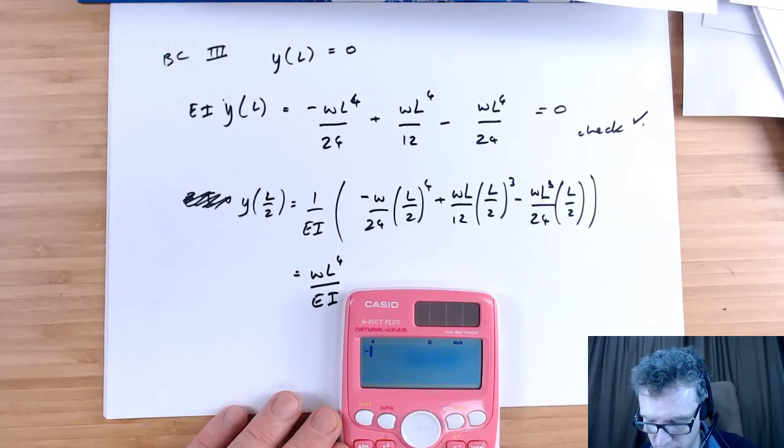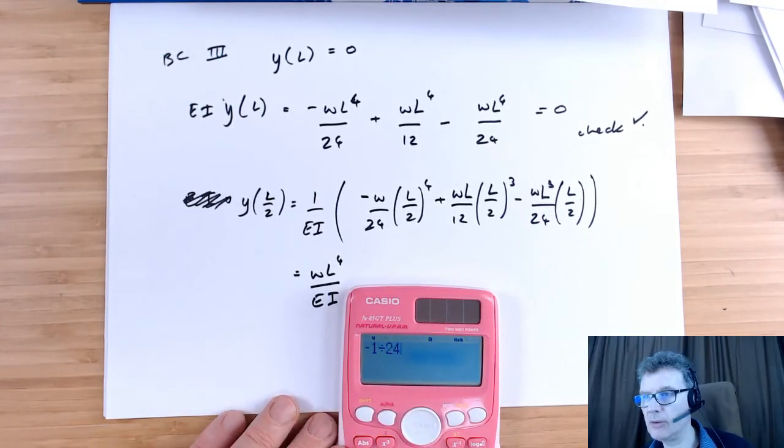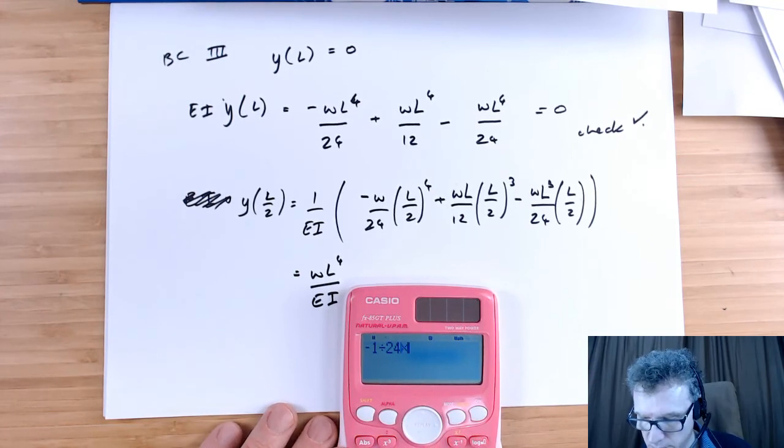So I've got minus 1/24 times a half to the power 4, plus 1 divided by 12 times a half to the power 3, take away 1/24 times a half.